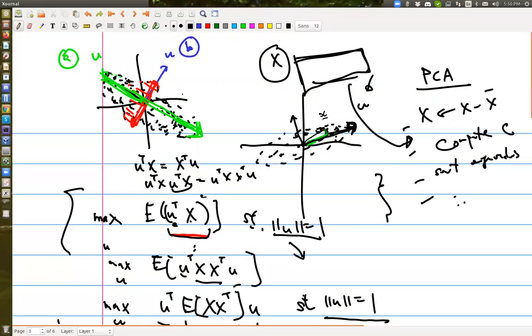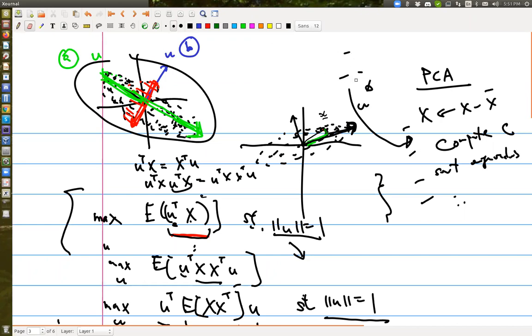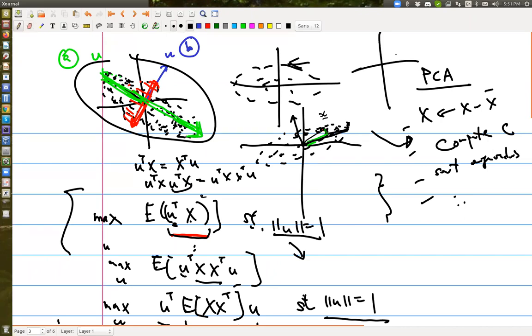Often you will even normalize your data to decorrelate it. For example, we start with data like this here. I may find a rotation such that I shift the data to be normalized, and then I can even scale the data so that they have the same variance in all axes.